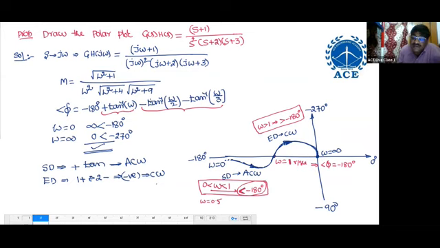Positive tan value is larger than the sum of these two negative angles. At omega equal to 1, positive tan value equals the sum of these two negative tan values. Omega greater than 1, these negative tan values are more than the positive tan, so it is pushed in the clockwise direction. Initially it moved anti-clockwise, then finally it moved in a clockwise direction.